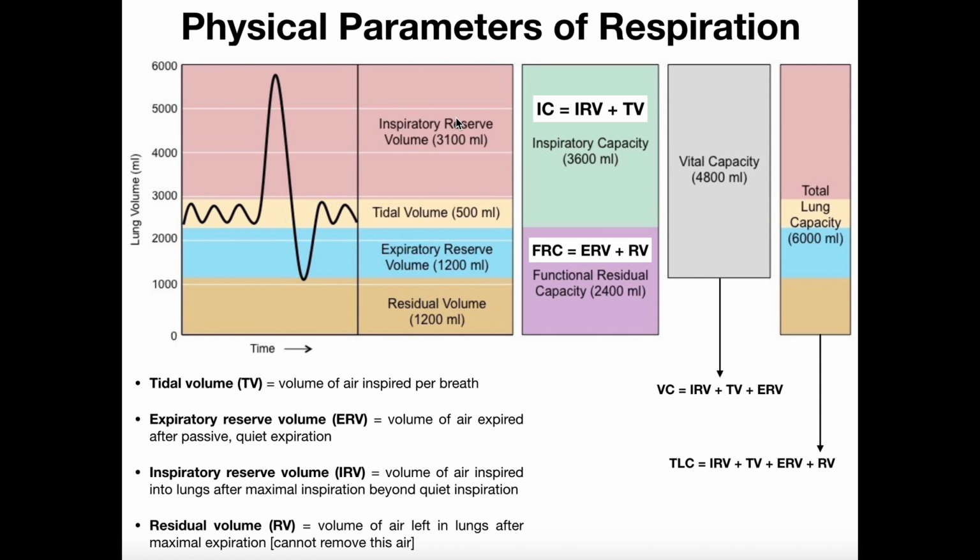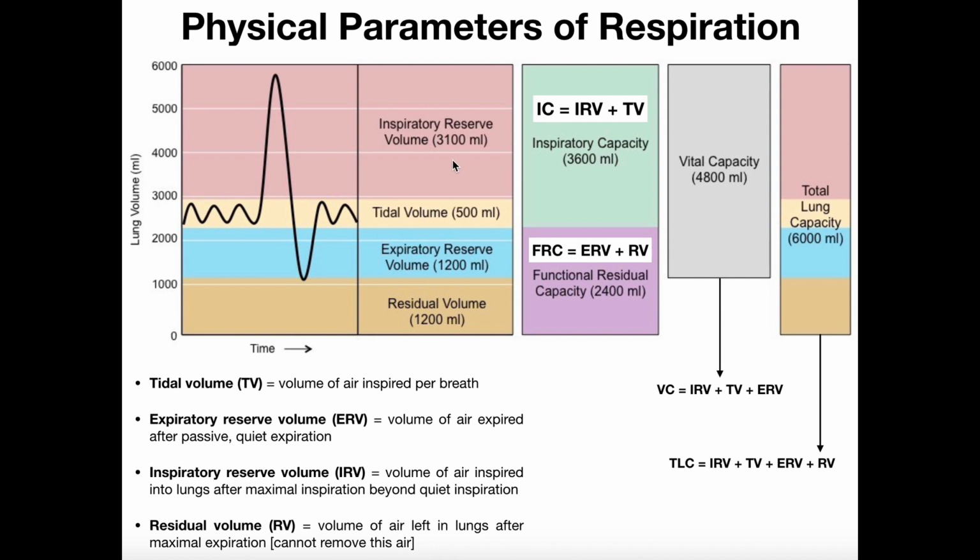One way I like to think about it is to learn these in order from top to bottom. We have inspiratory reserve volume at the top, then tidal volume, then expiratory reserve volume, and then residual volume. So learn these in order. Now if we combine the first two, inspiratory reserve volume and tidal volume, that gets us something called inspiratory capacity.